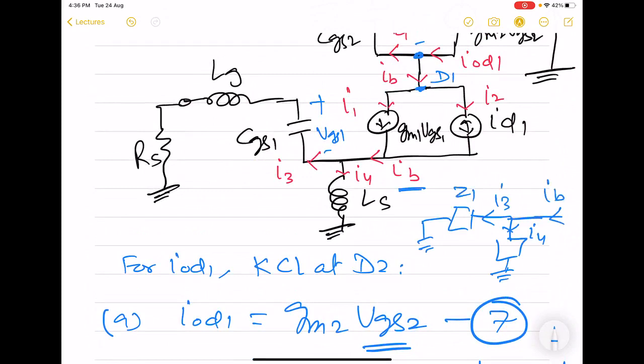So this Z1, Z2. We have already done this part, and we found that I3 is going to be IB into Z2 divided by Z1 plus Z2. And note that Z1 is RS plus LG plus CGS1, while Z2 is only LS.